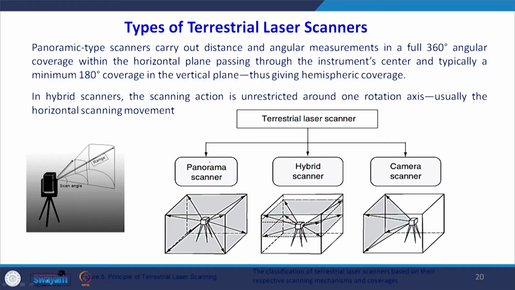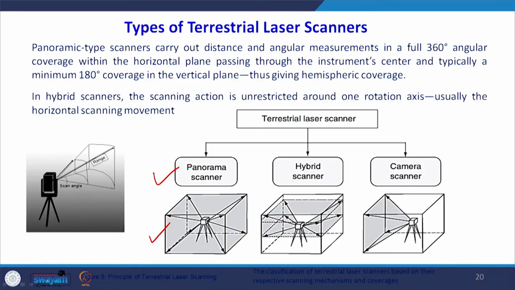Now, let us see the further categorization of the terrestrial laser scanner. Depending upon the use and the application, they are available in different categories. One is the panorama scanner. As the name suggests, it can take 360 degrees in the horizontal way and roughly 310 degrees in the vertical data.